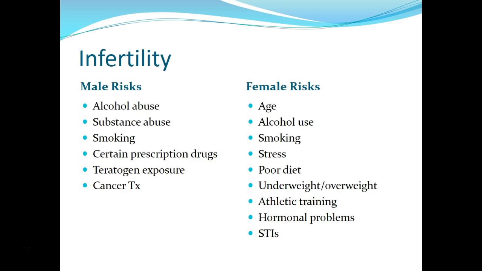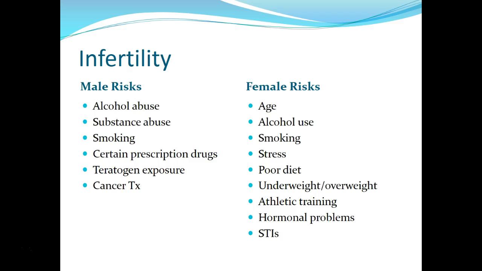For females, it has to do with age. The older you are, the more at risk of being infertile you are. Alcohol use, there's smoking again. Stress plays a big role on hormones and can greatly hinder becoming pregnant. Poor diet, someone who is gravely underweight or grossly overweight.